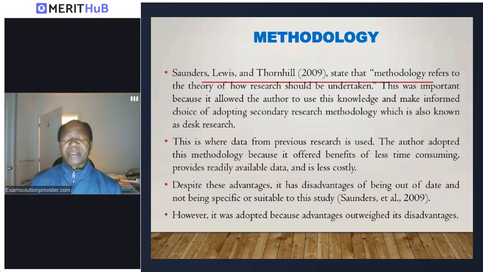So you can see this is what these authors actually say. And then, how does the student use this knowledge? He says this was important because it allowed the author to use that knowledge and make an informed choice of adopting secondary research methodology, which is also known as desk research.